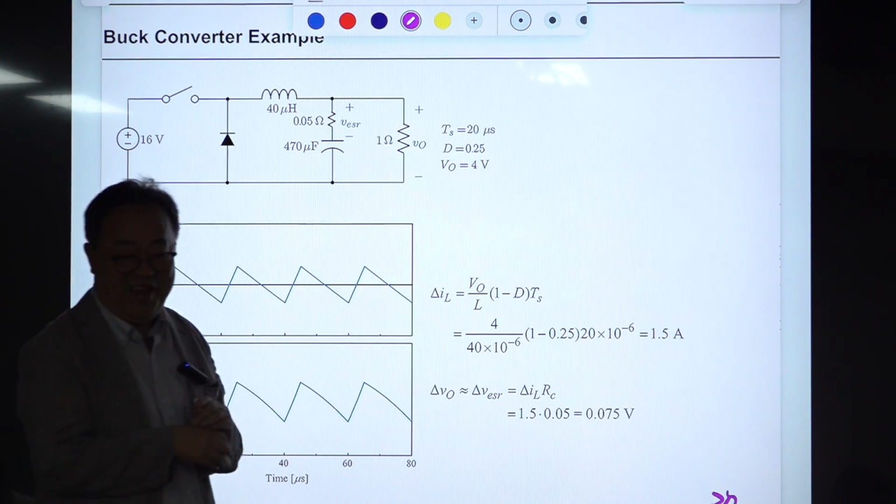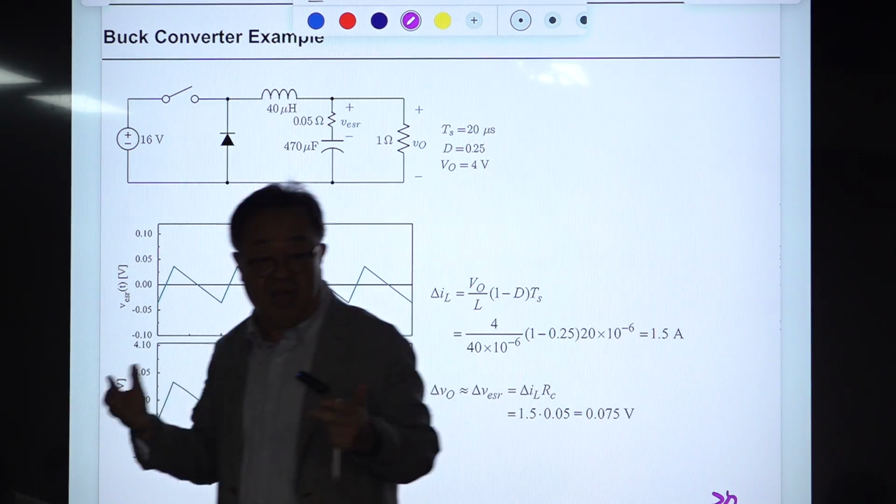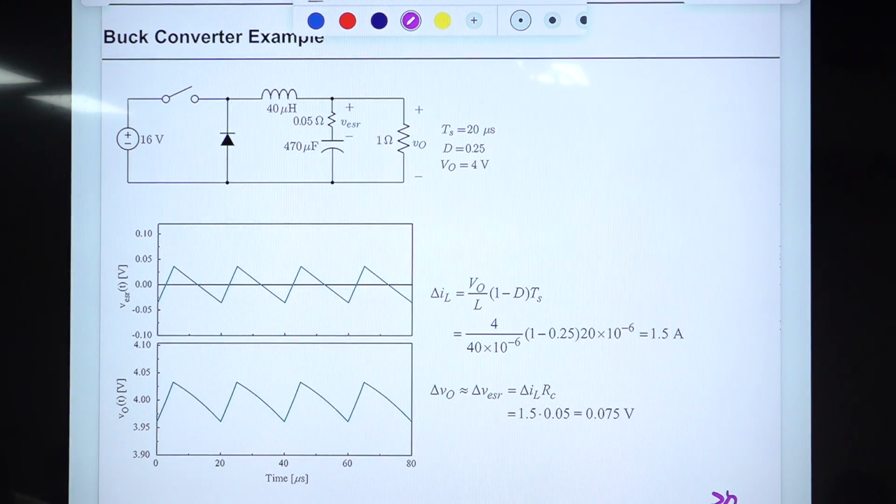You don't need to calculate anything, just sketch this, right? So graphically, you can analyze every waveform. Of course, we assume the small ripple approximation other than the calculation of ripple component in the output voltage, but the results are very accurate. So they're practically the same as the PLECS simulation, all right?